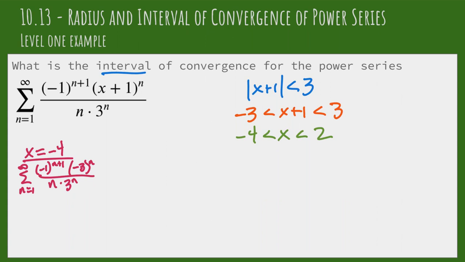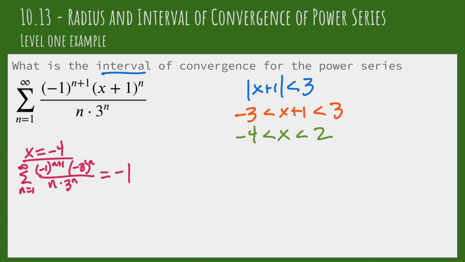What I would actually recommend instead is to just write out the first few terms. When n equals 1, we're going to have negative 1 squared, so that's 1. Then we have negative 3 to the first power, which is negative 3, over 1 times 3. And so that's just going to be negative 1. So we plug in n equals 1, we get negative 1.